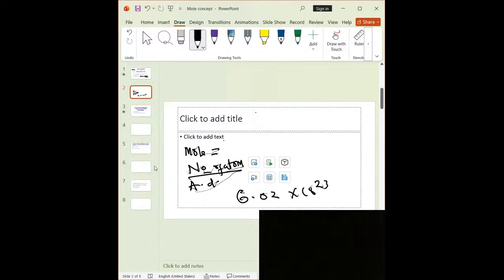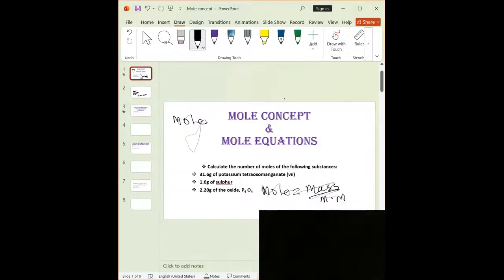Now, let's look at the first question we're going to solve. The first question is: calculate the number of mole of the following substances. One, 31.6 gram of potassium tetraoxomanganate.